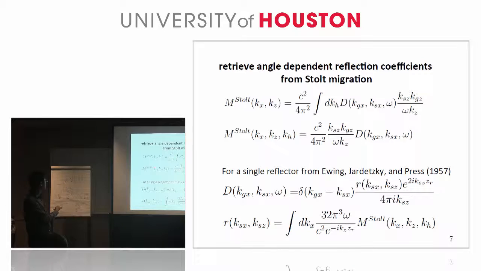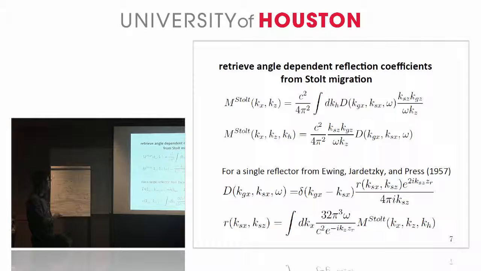Here is the Stolt migration image with subsurface offset. Here, Kx and Kz are the Fourier conjugates of x and z, and Kh is the Fourier conjugate of the subsurface offset.